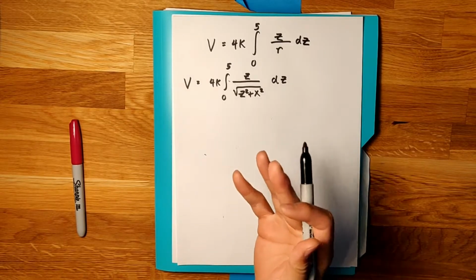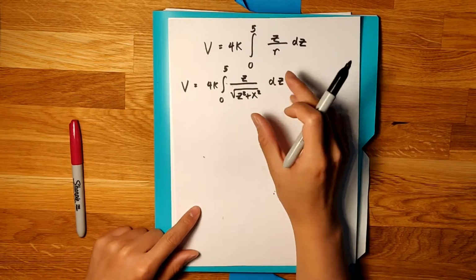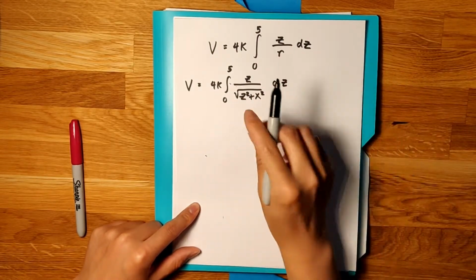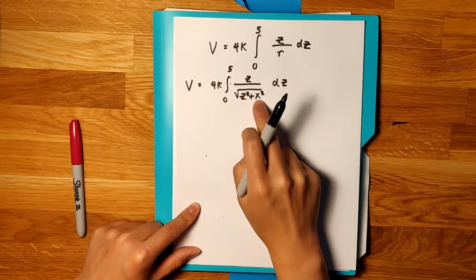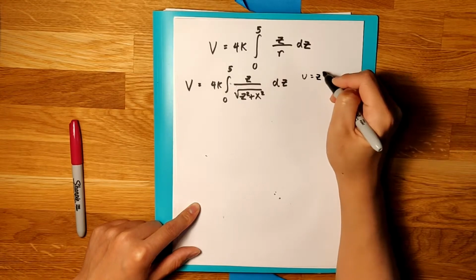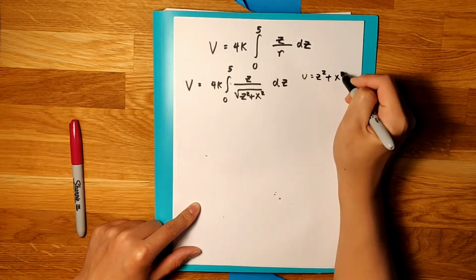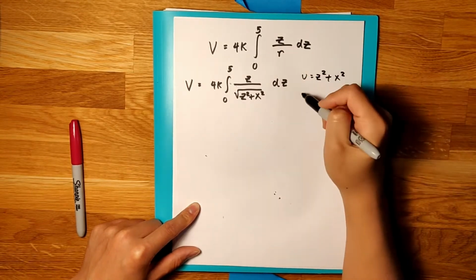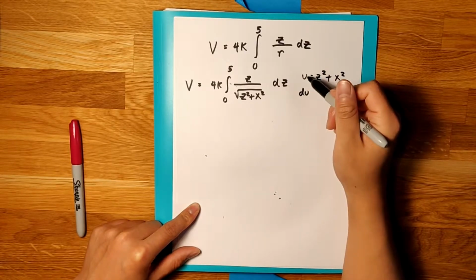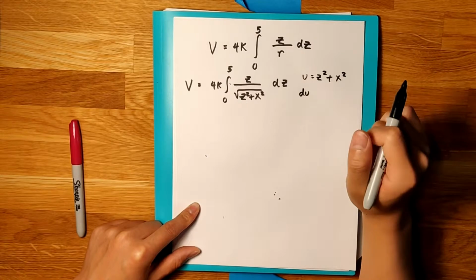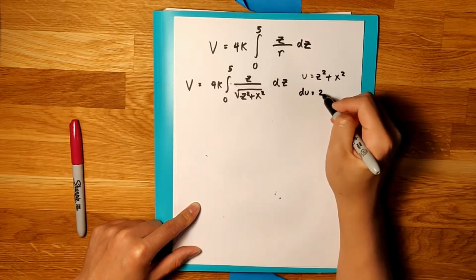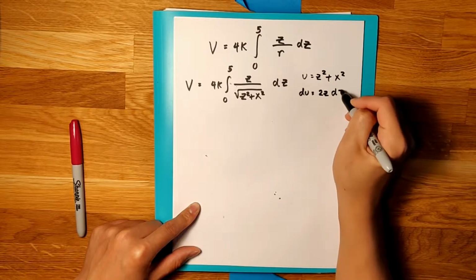So now you should know that this is just a u-substitution. If you make u equal to z squared plus x squared, then we're going to take the derivative of both sides. On the left hand side we take the derivative with respect to u, and on the right hand side with respect to z, which will give us 2z dz.